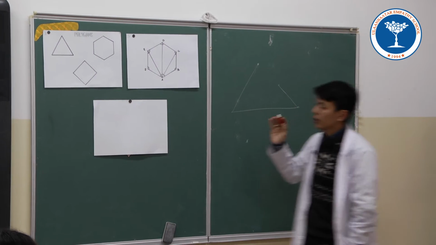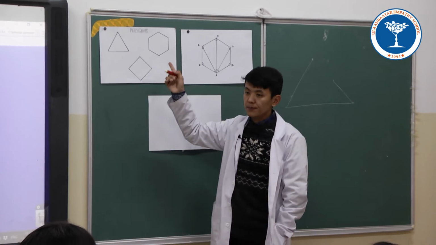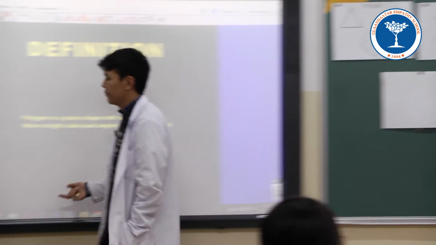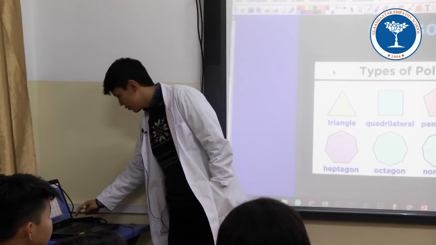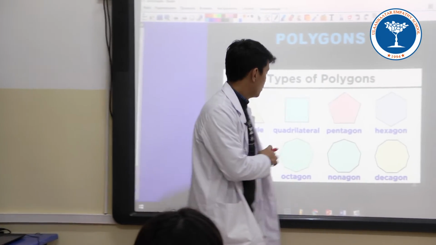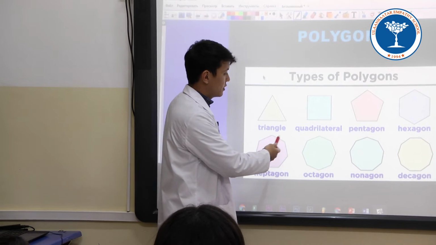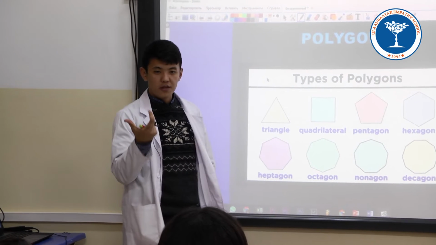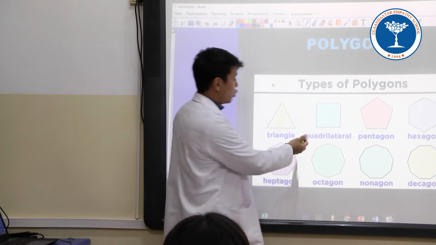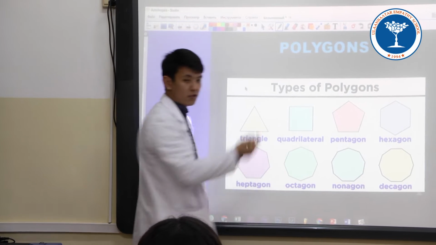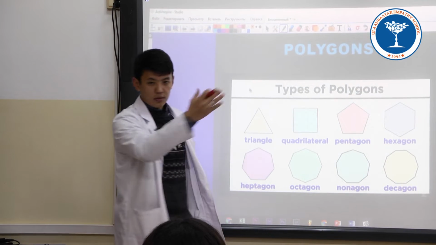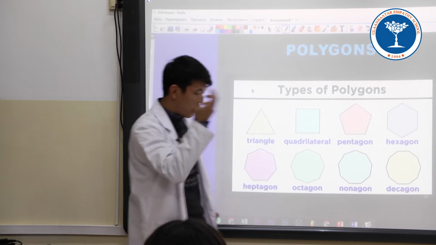So a polygon should be closed. Now, there are types of polygons. First, triangle means a 3-sided polygon. Quadrilaterals have 4 sides. Pentagon has 5 sides.